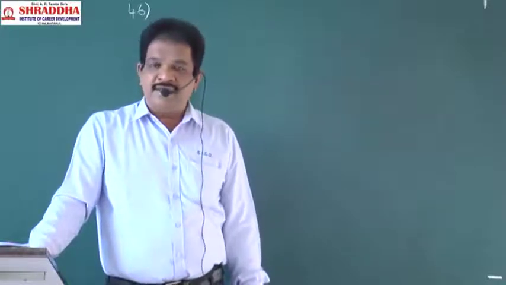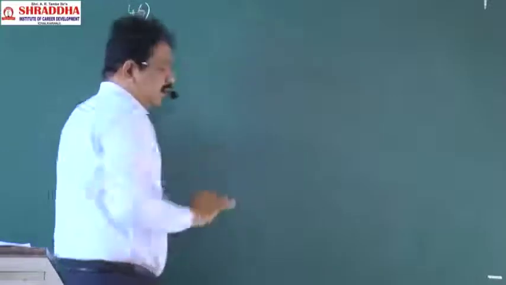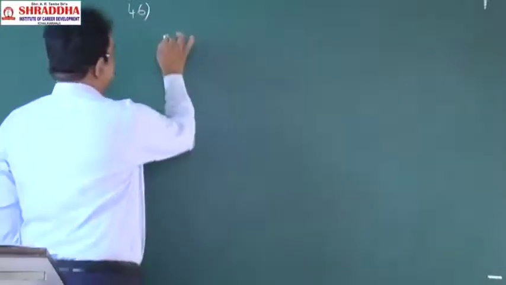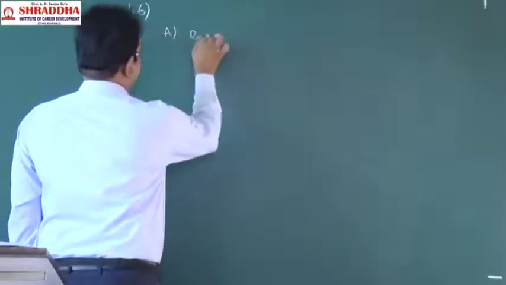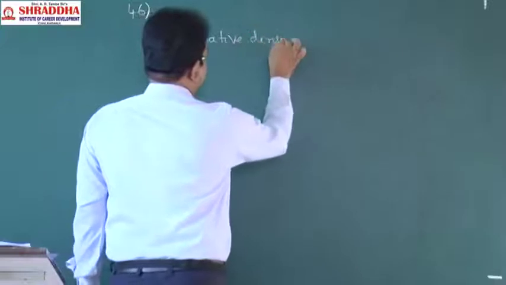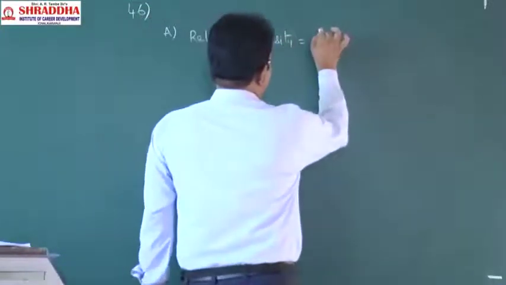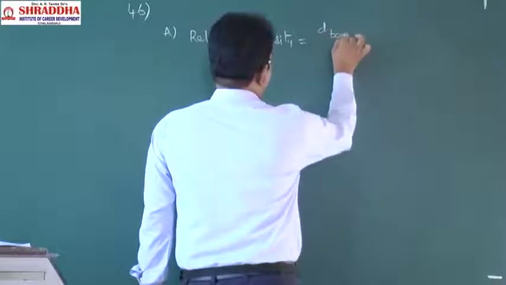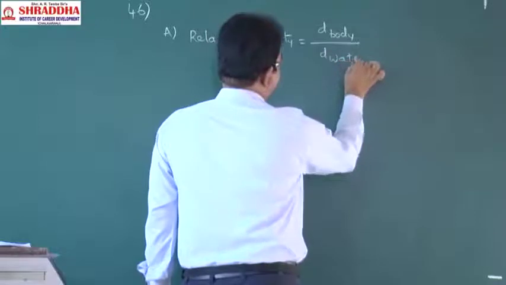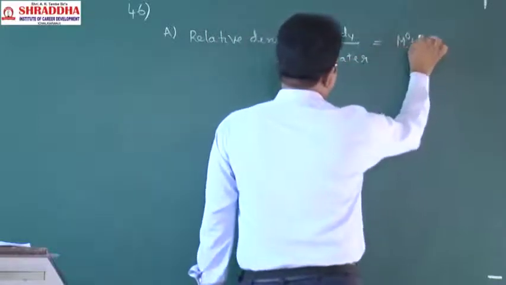Gravitational constant has dimensions. Okay, once again, see, relative density. Relative density means density of body by density of water. So it is dimensionless.